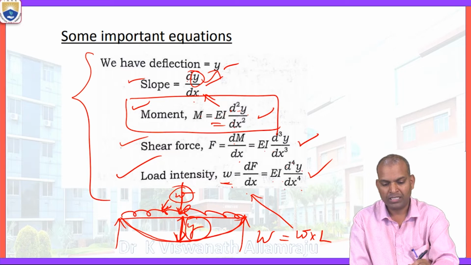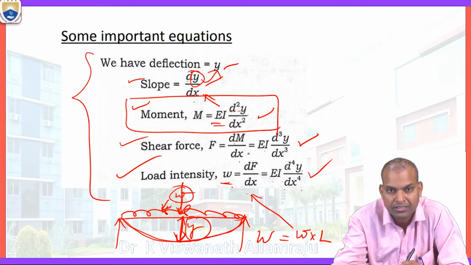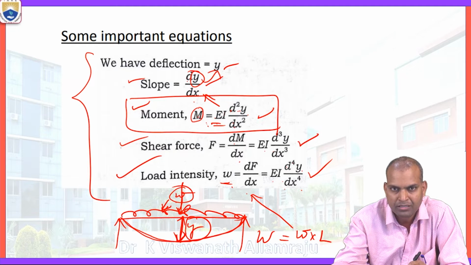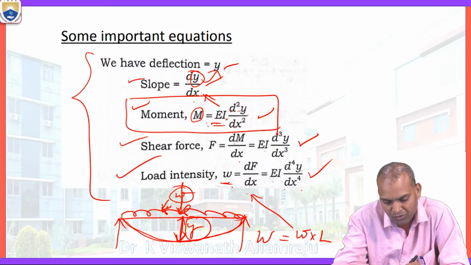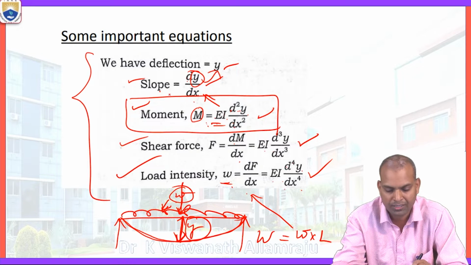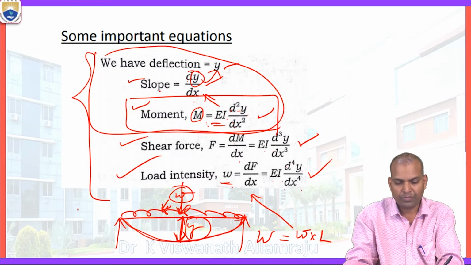That's why we consider this equation and equate it to the moment at the section of the beam. Then integrating once gives the slope, and integrating the slope equation gives the deflection. That's why these three are important for our calculation purposes.